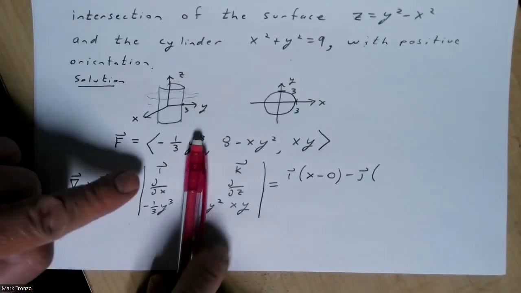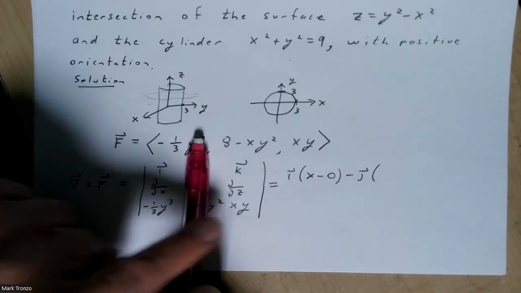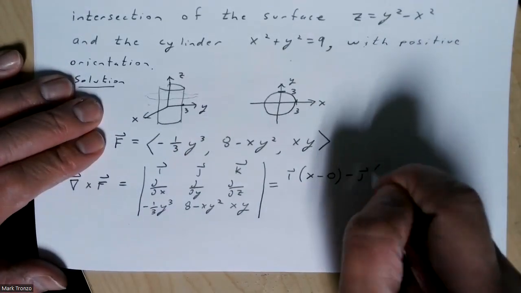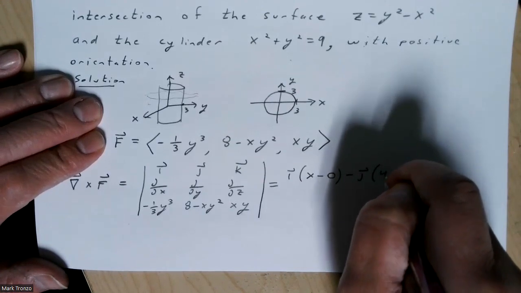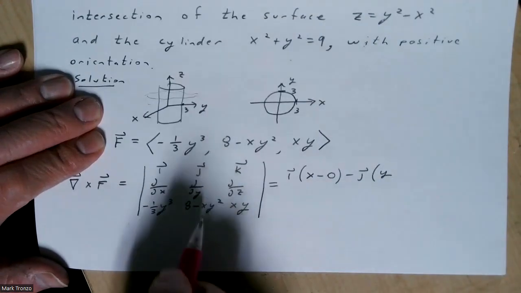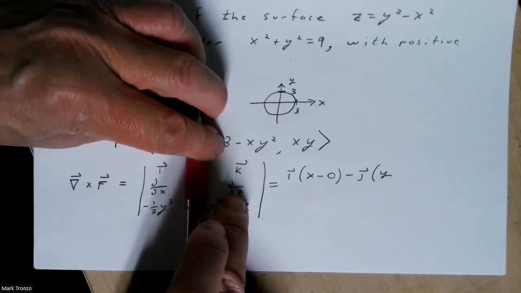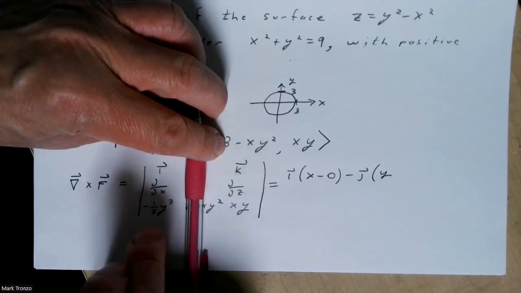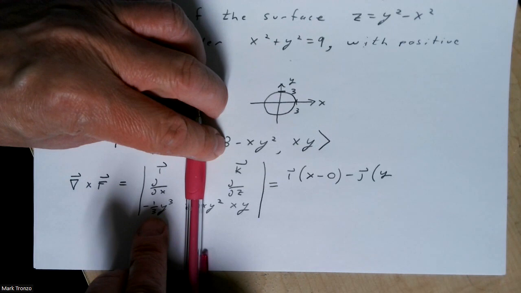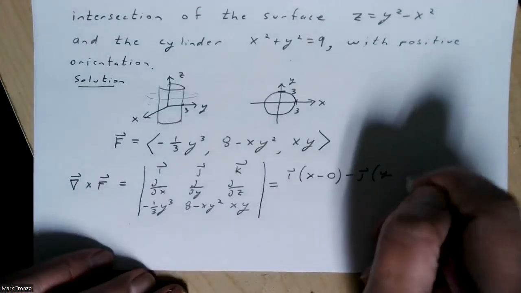Then over here, the derivative of this with respect to x is going to be y, and the derivative of this with respect to z is going to be 0.